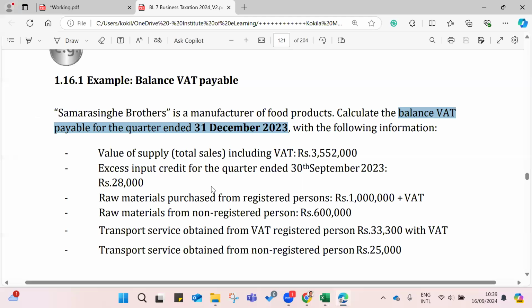Going to the question: total sales, value of supply including VAT, 3.5 million, right? This figure includes the VAT component as well.